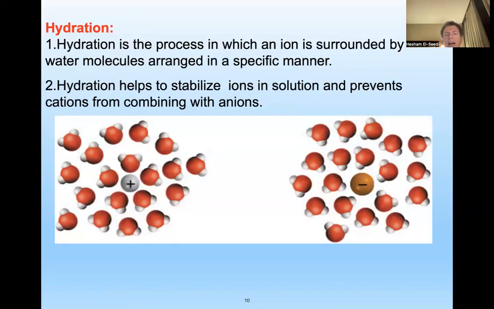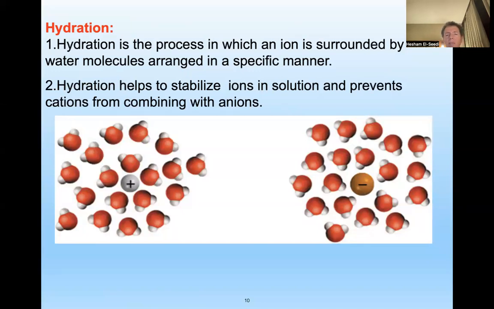Then if you look at hydration, it is a process in which an ion is surrounded by water, like this one. So it is an ion surrounded by water molecules arranged in a specific manner.